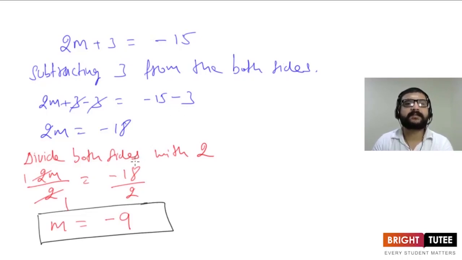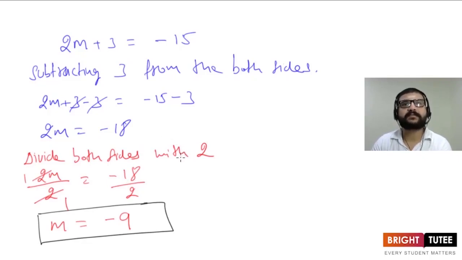So in this video we have learned how to solve equations algebraically. Basically we have learned that whichever operation we apply, we have to apply it on both the sides of the equation with the same quantity, the same number. If we are adding, we have to add the same quantity on both the sides.